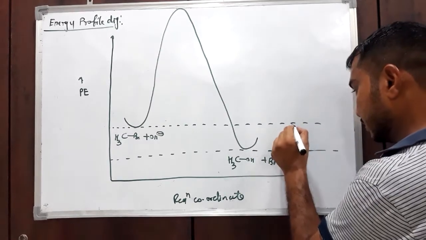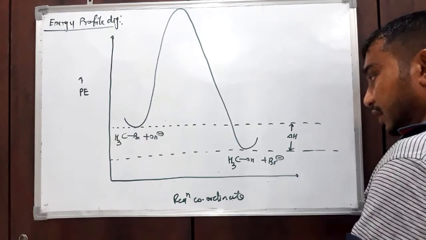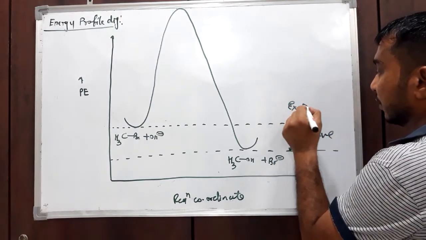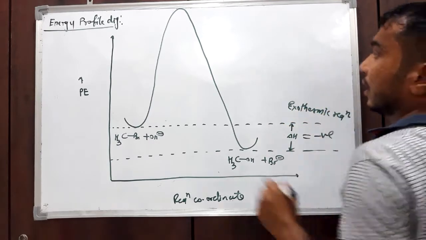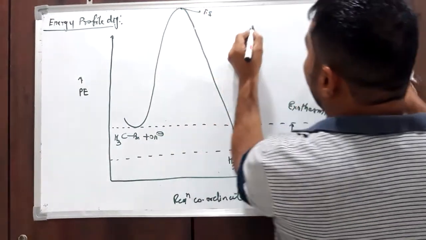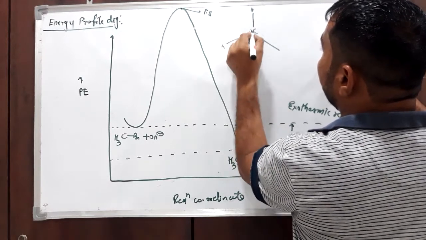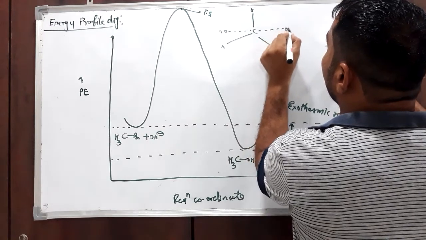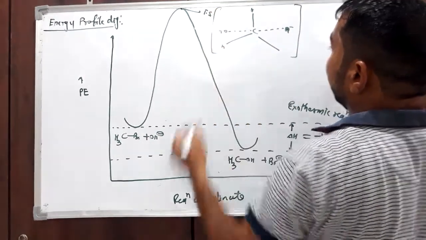Okay, and this difference is delta H, the enthalpy of the reaction, and here the enthalpy is negative, therefore it is an exothermic reaction. And this point is called the transition state, where the reactant and the OH minus nucleophile are both equally away from the carbon atom.